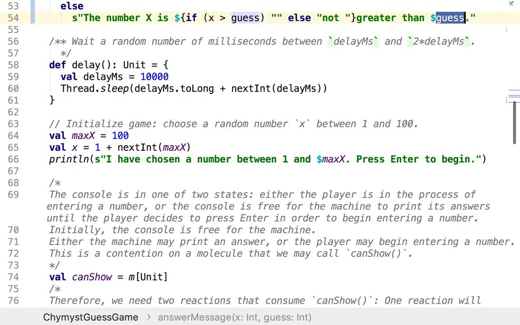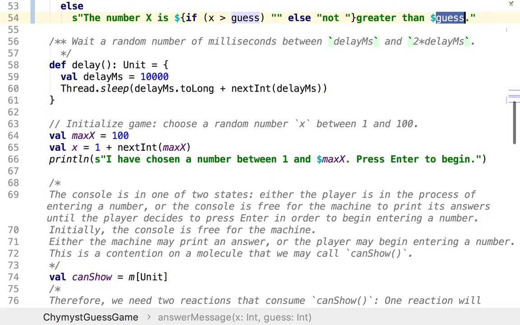having a molecule, and clearly there's a contention between the player and the machine on the console. So let us model this contention by a molecule. So this molecule, let's call it can show.